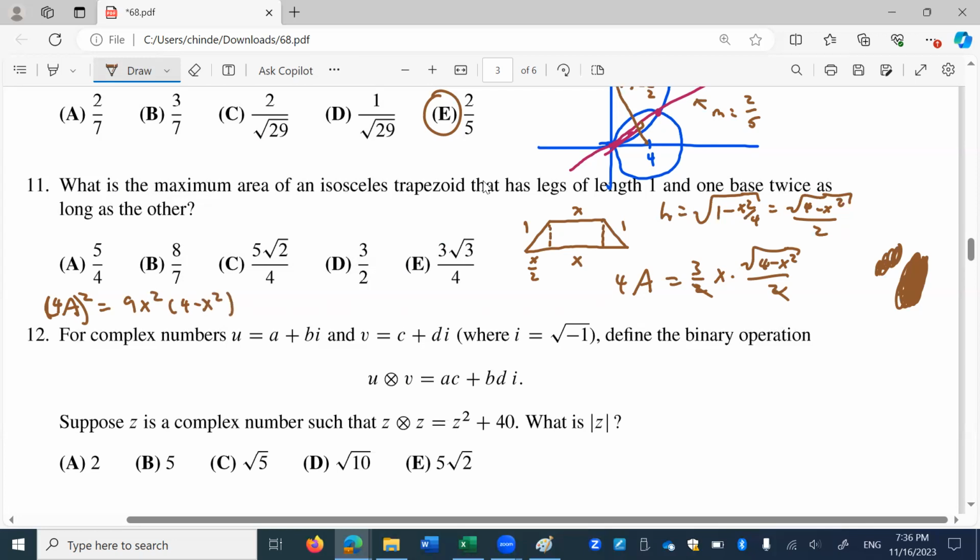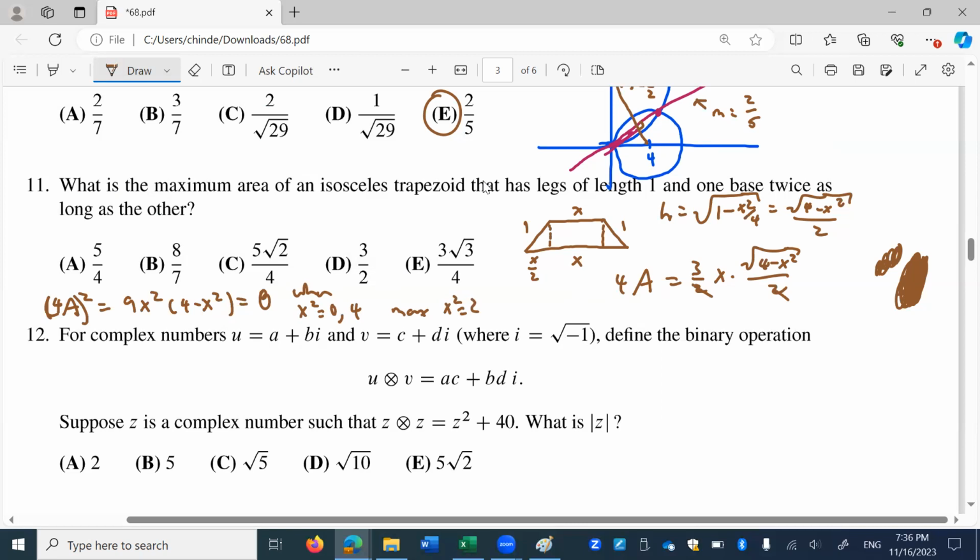And so this looks like a quadratic in terms of x squared. This quadratic equals 0 when x squared equals 0 or 4. And that means it's going to have a maximum value when x squared equals 2.